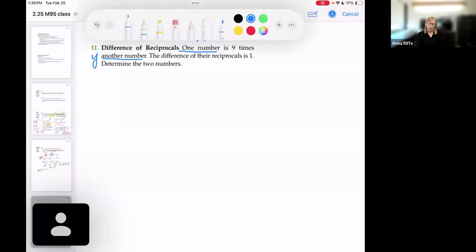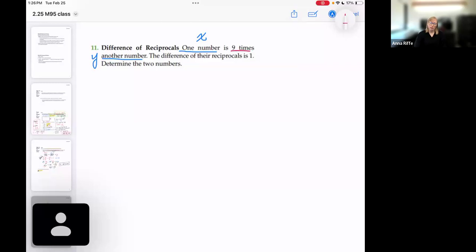Then we're told something about how these numbers are related. One number is 9 times another number. And then we're told that the difference of their reciprocals is 1. So we're told 2 different ways that these numbers are related.